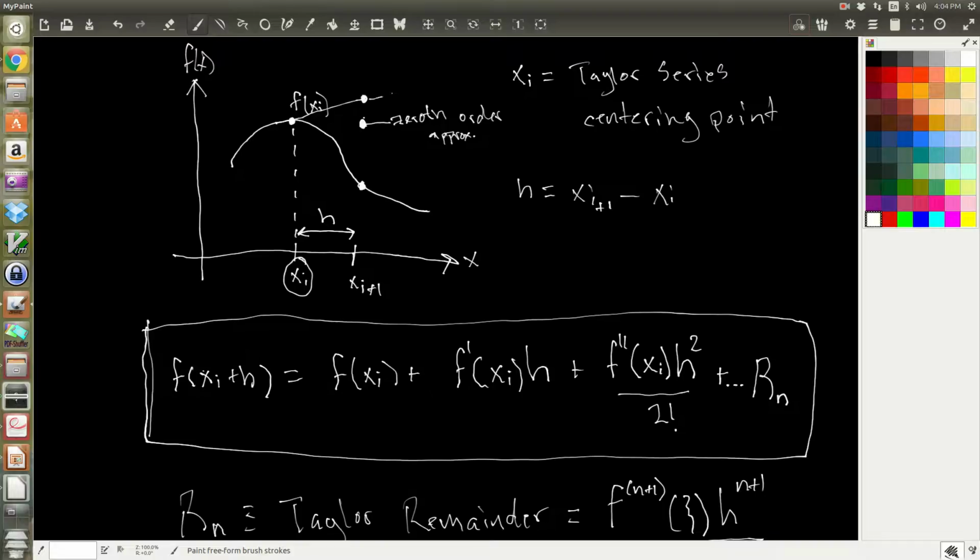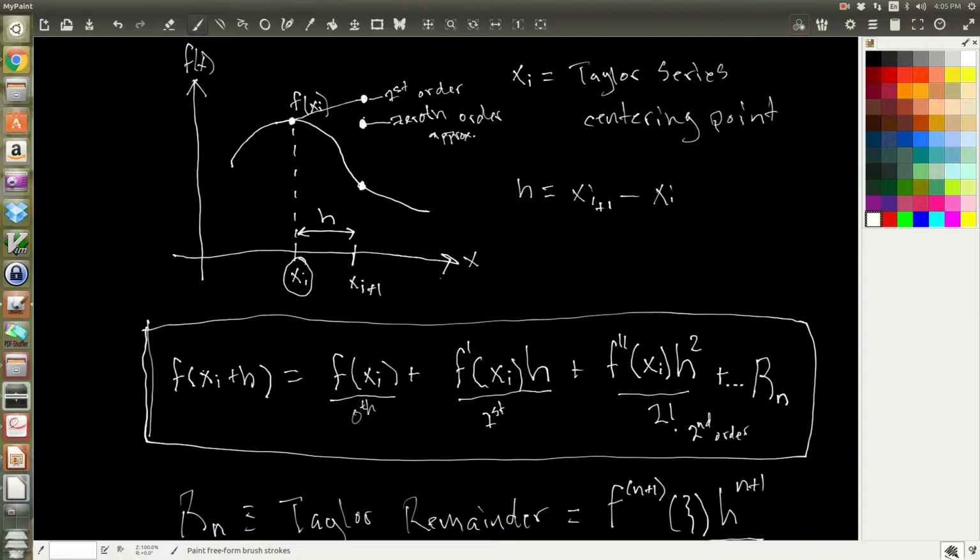We could use this as our next approximation. We call that a first order approximation. So you can see this is the 0th order approximation. When we include two terms, when we include information about the first derivative, this is a first order approximation. And if we include information of the second derivative, that's a second order approximation.